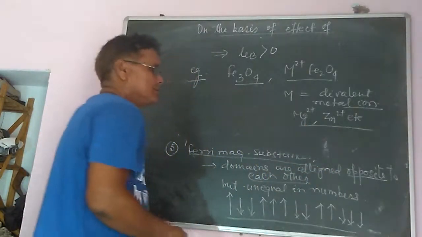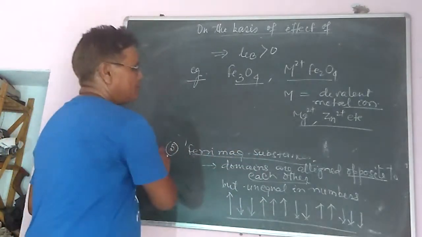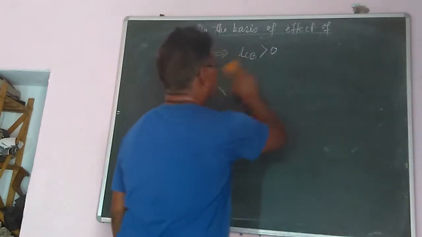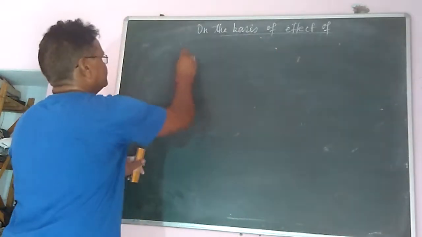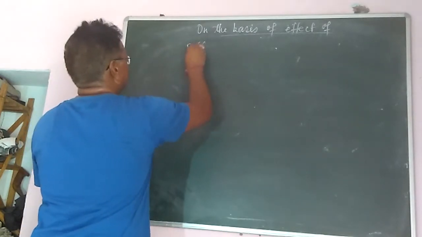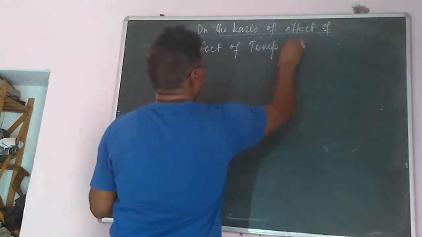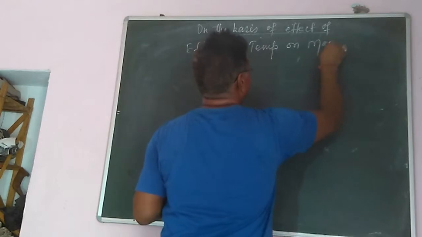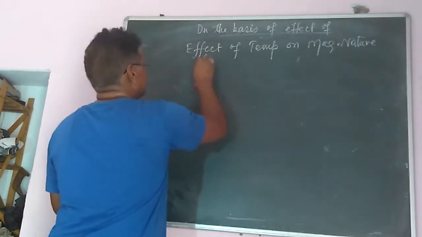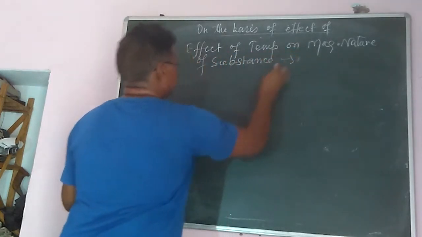And now, what is the effect of heat on these substances? If you apply heat to it, at a particular temperature, that is the Curie temperature. See here, the effect of temperature on the magnetic nature of a substance.